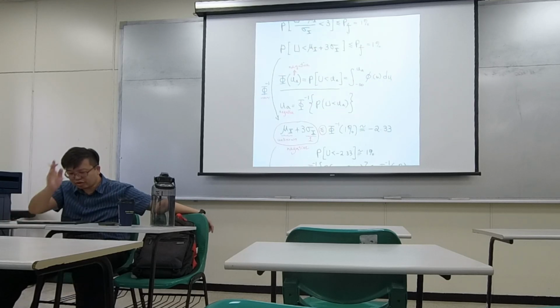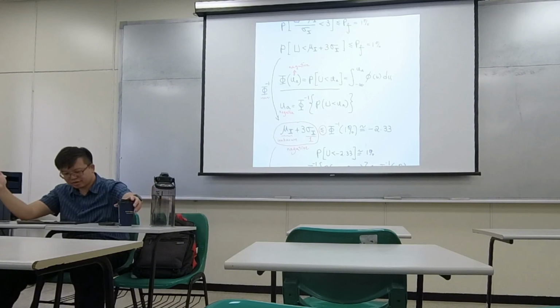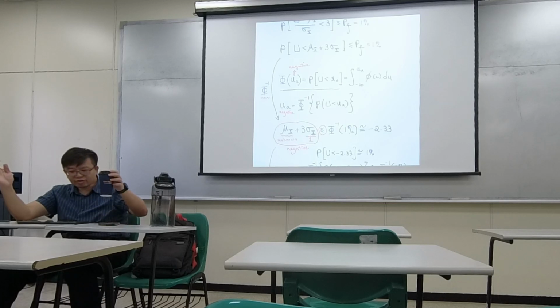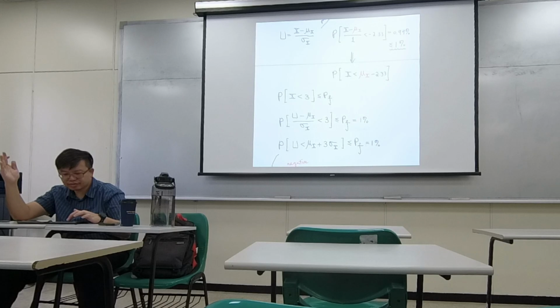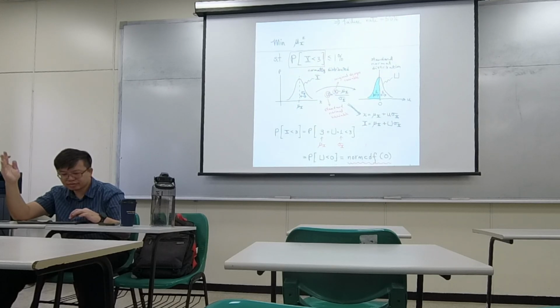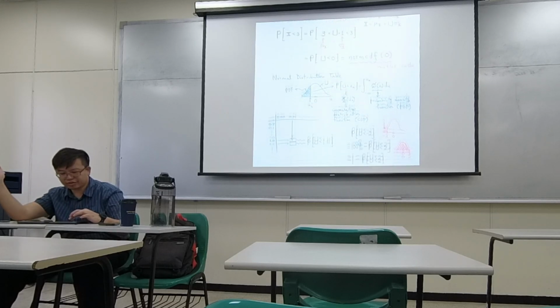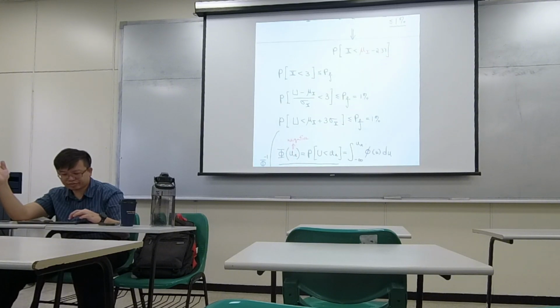Mu, I know mu is on the right. It's actually positive. For the event of x, I know x should be on the right. X should be larger than 3.